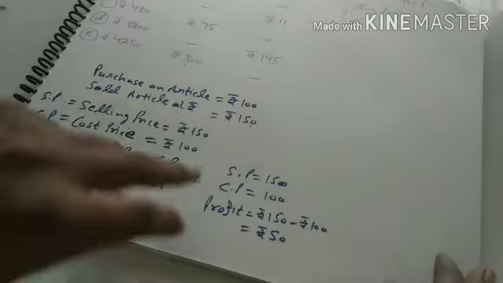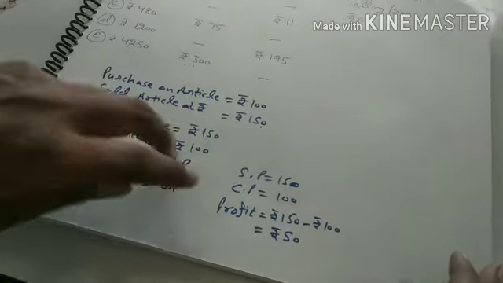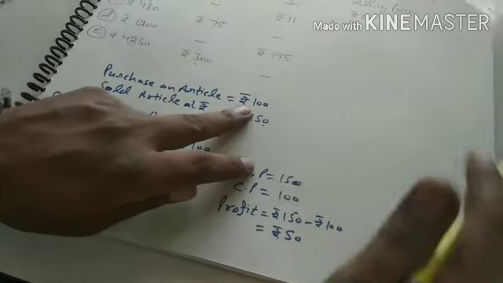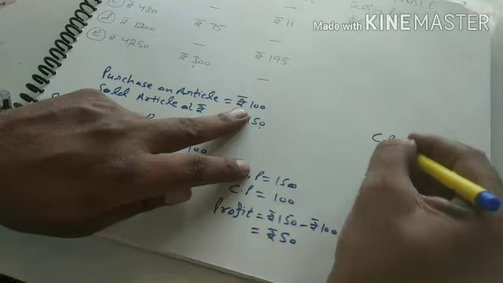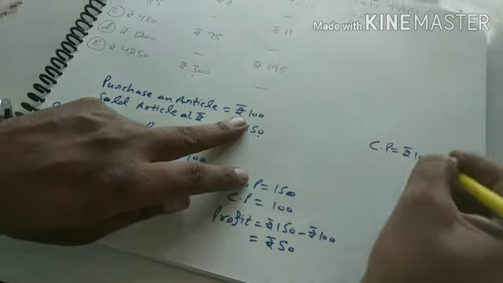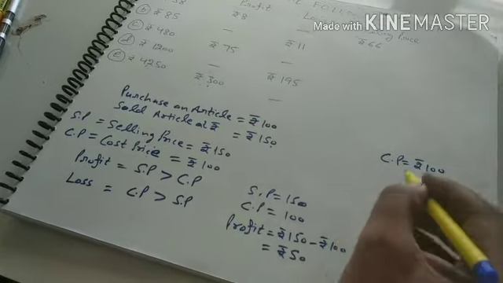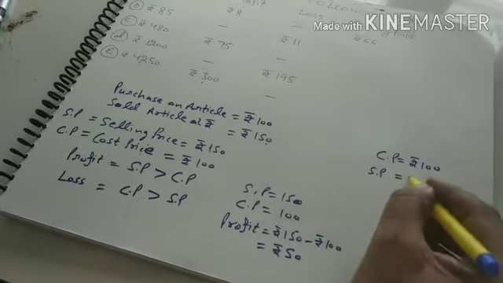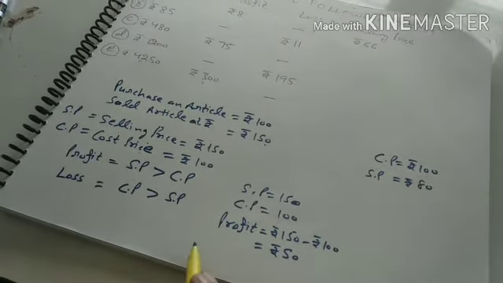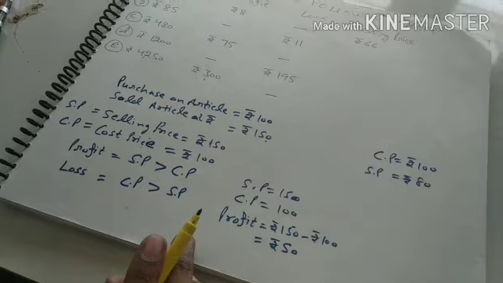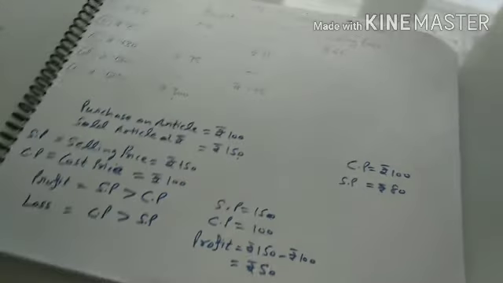Let us suppose you have to sell this item that cost rupees 100 to any other friend at rupees 80. Then in this case you will get a loss. How much loss will you have to bear?